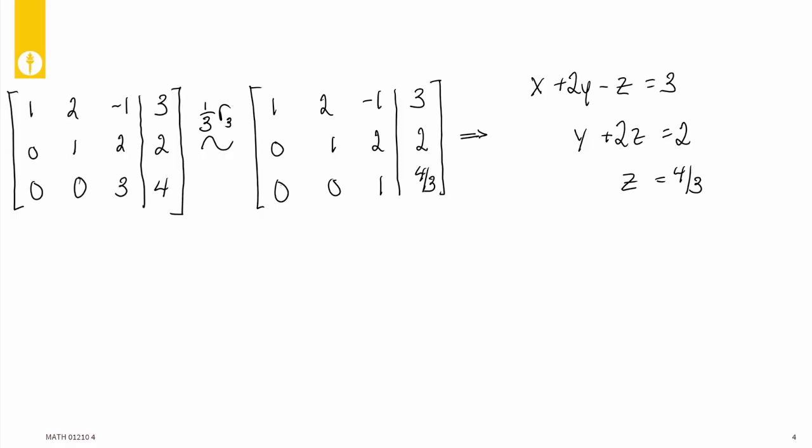Z equals 4/3. Now do backward substitution. Plug that 4/3 into the second equation and solve for y.